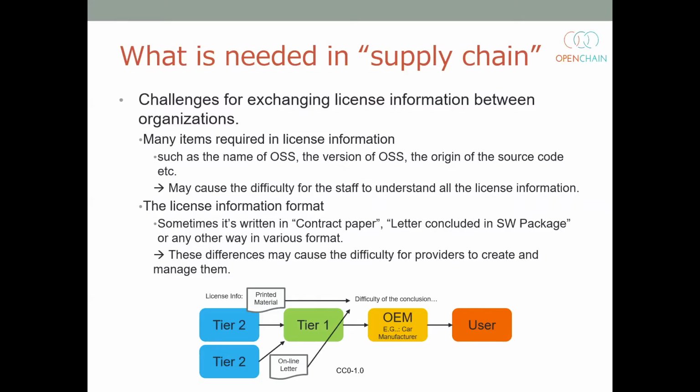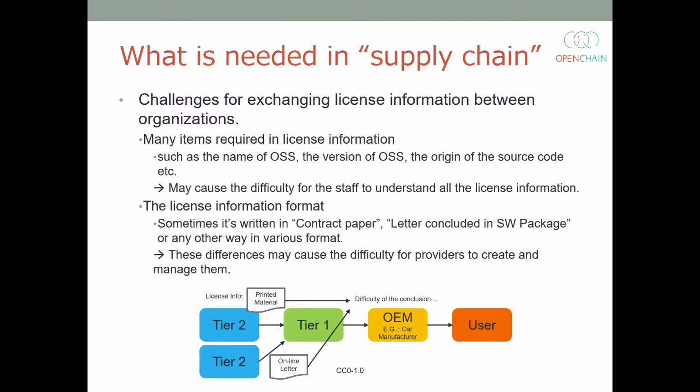For example, many items are required in the license information, such as the name of the open source software, the version of the original source code, etc. And sometimes some part of those open source software might be integrated with proprietary software. So the license information has quite a variety of formats and styles.